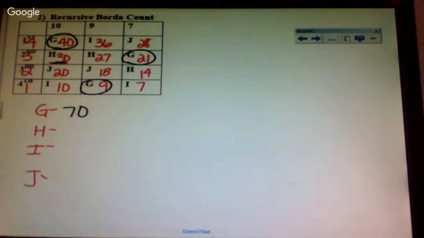H has 30, 27, and 14. I has 10, 36, and 7. And then J has 20, 18, and 28.